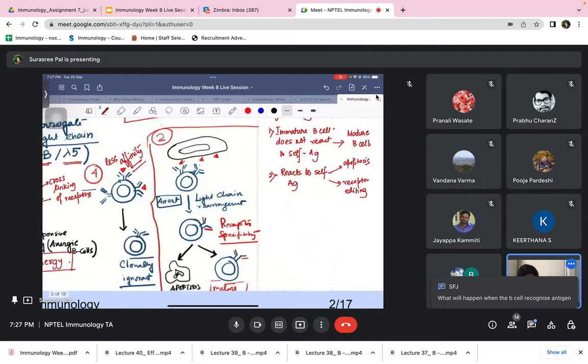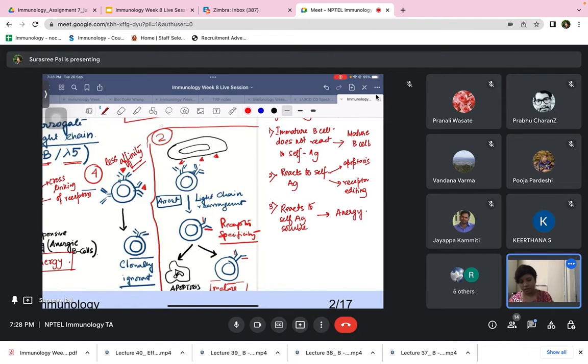I'm just writing point 3 once: reacts to soluble self antigen, enters into the state of anergy. And number 4 is reacts to foreign antigen with less affinity.